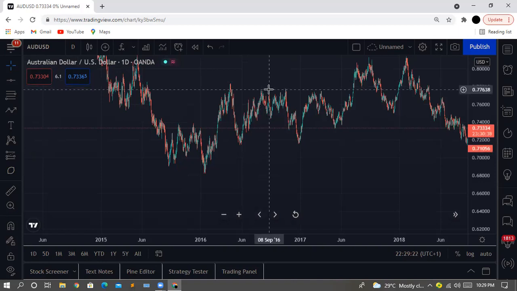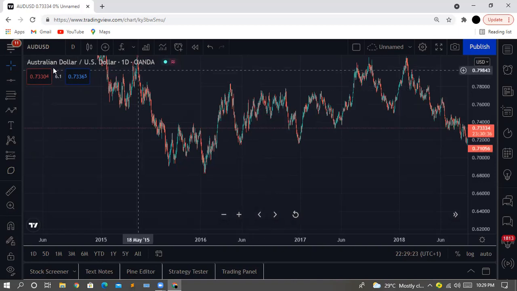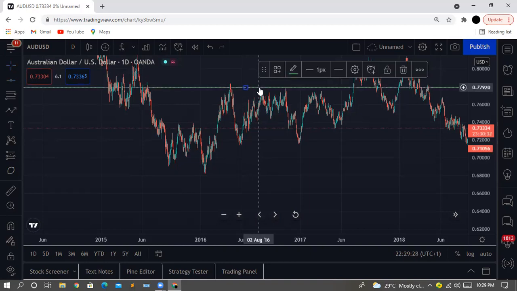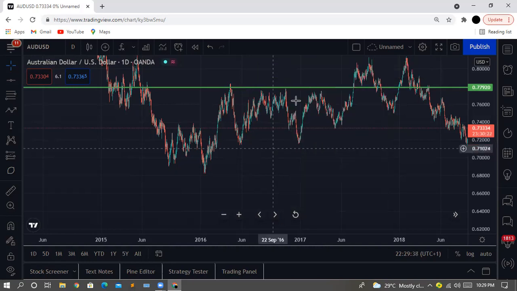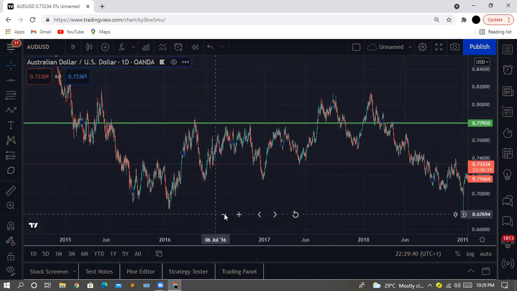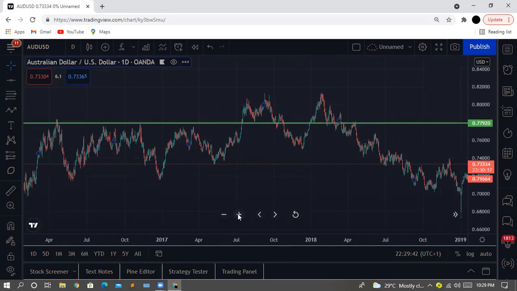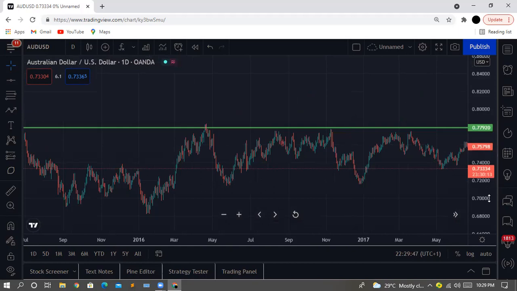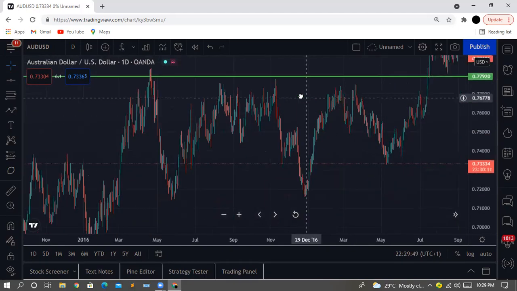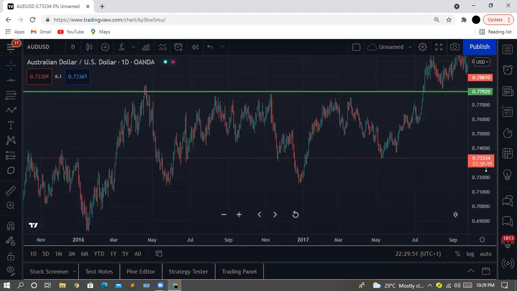Okay, I can see resistance here. I can see resistance here. Let me put this line here. You can imagine, this is a zone.